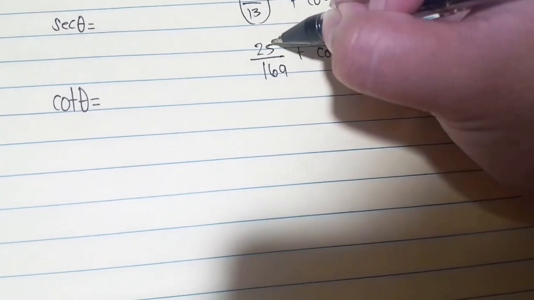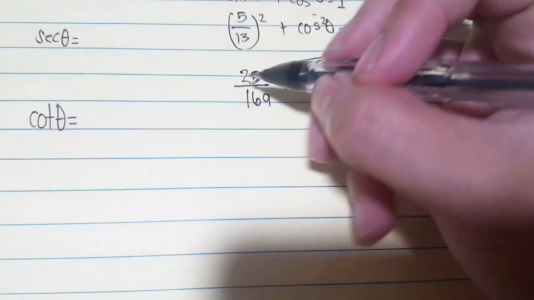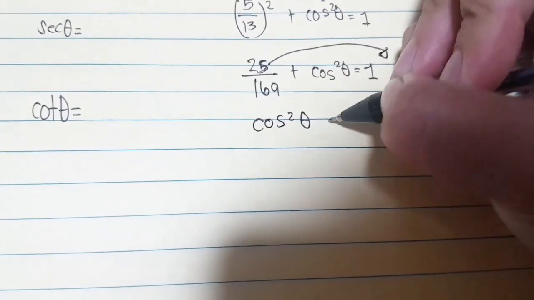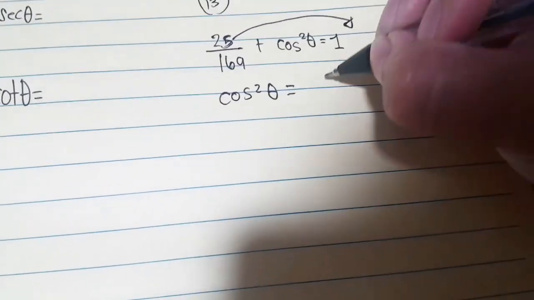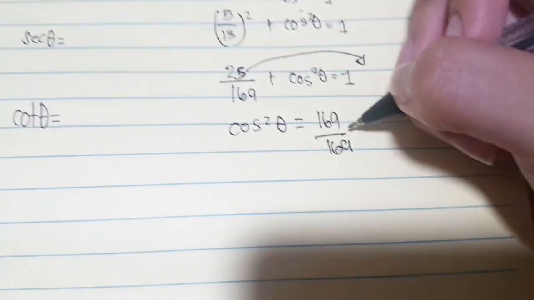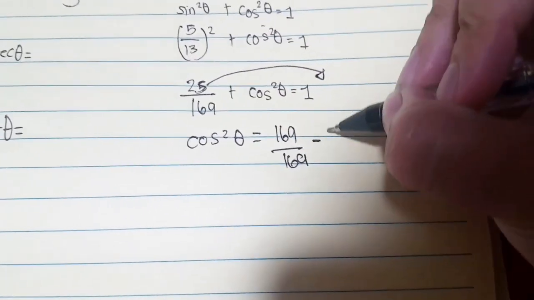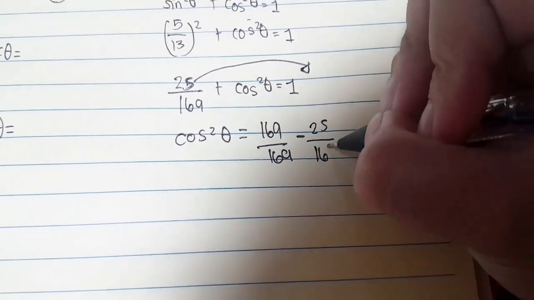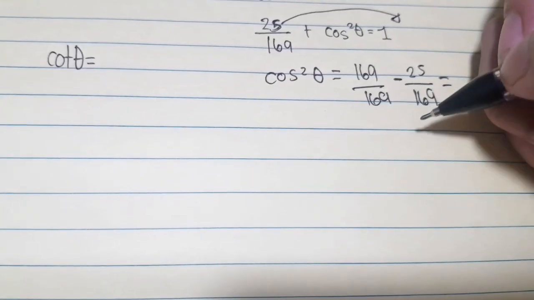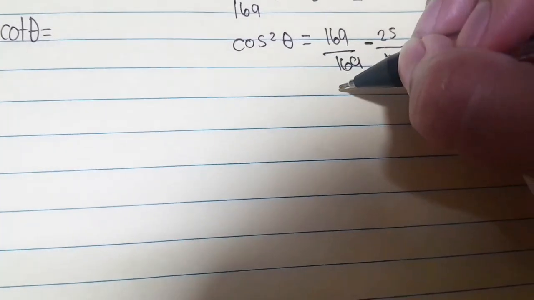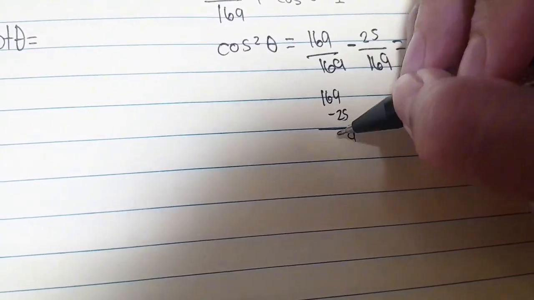Then, we transpose this 25 over 169 to the other side, combining like terms. So, cos squared theta is equal to, we can make this 1 into 169 over 169, since its value is still 1. Then we subtract 25 over 169, since it becomes negative when transposed. So, 169 minus 25 is 144.